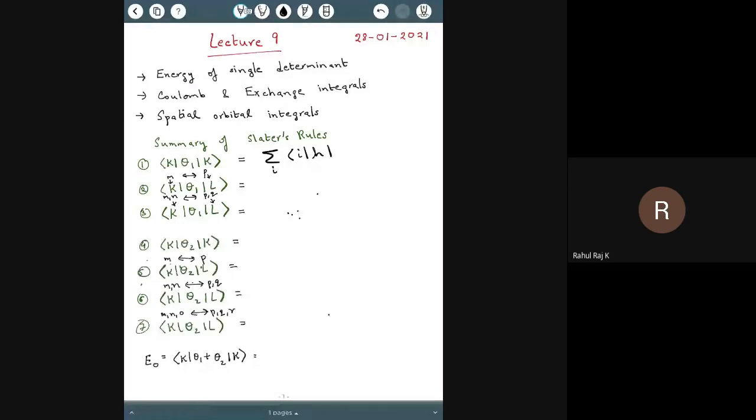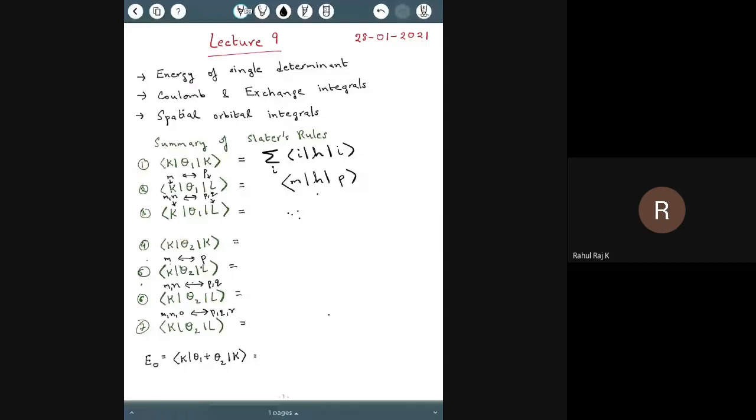So for any one electron, and you sum it. Then when the two determinants differ by one spin orbital, that is m replaced by p, then the sum is gone and you only have the element between the two different orbitals. And when they differ by two or more orbitals, then you simply have 0.